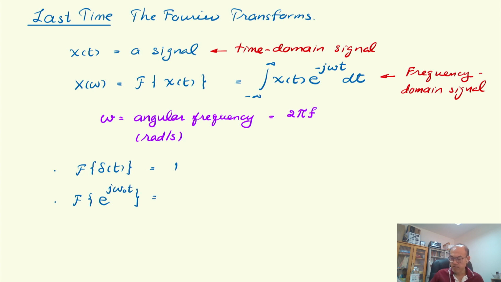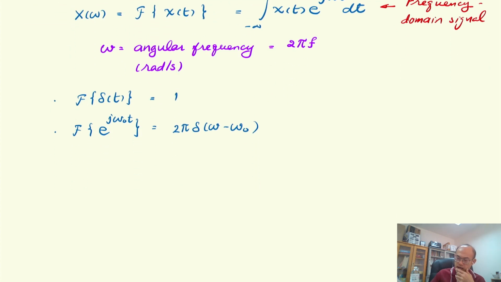The transform of a complex exponential is in the form of a delta function at the frequency omega 0. So this is the complex exponential at frequency omega 0, and in the frequency domain, the signal has only one value, and that value is at omega 0.